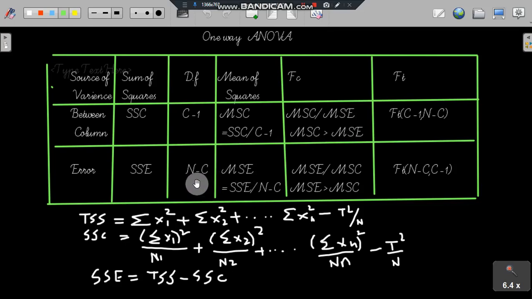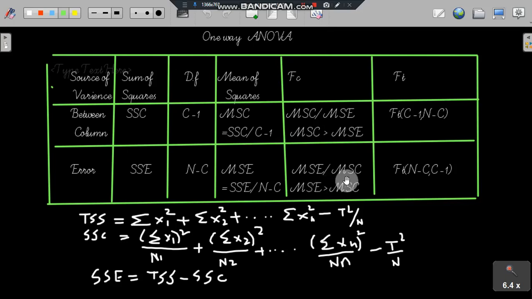N minus C. That you have to write in the second place. Sometimes this may take place when MSE is greater than MSC. When MSE is greater than MSC, then F calculated is nothing but MSE divided by MSC.